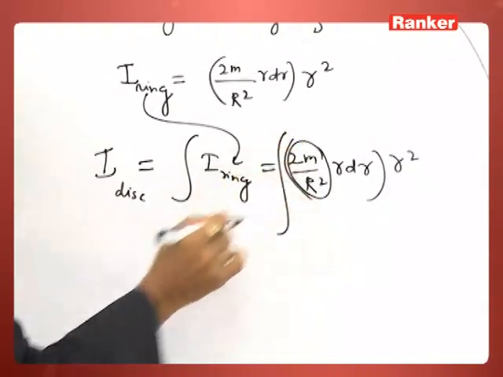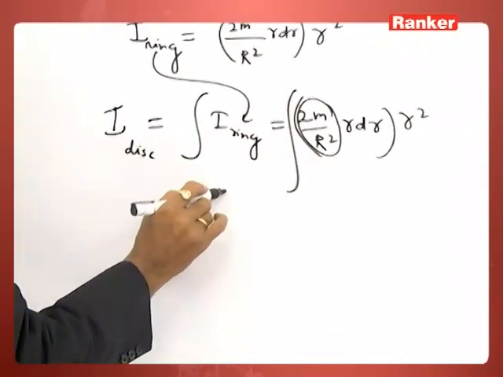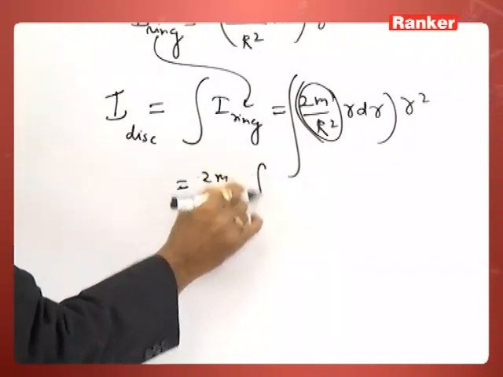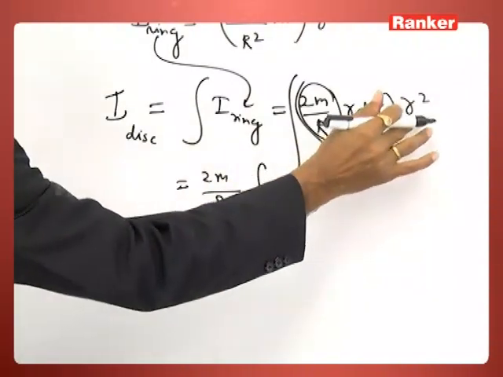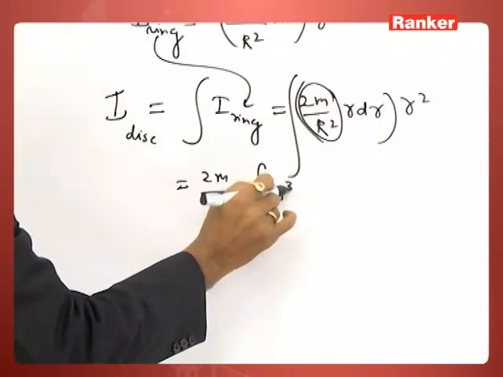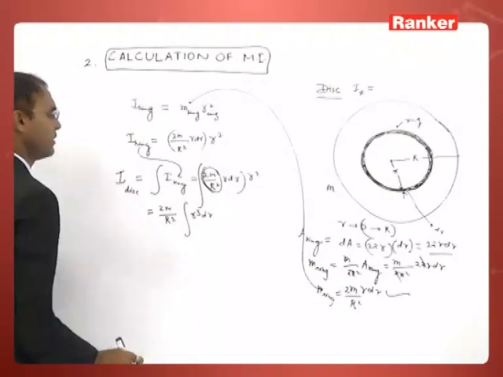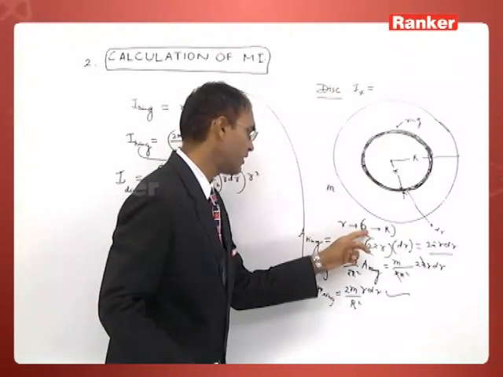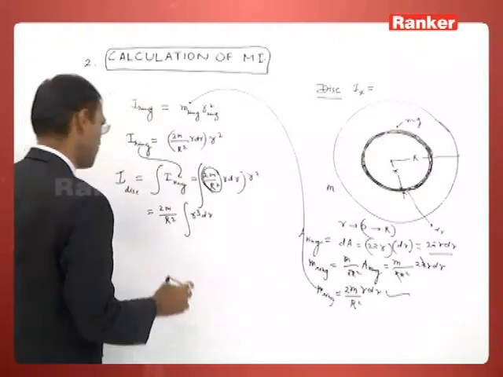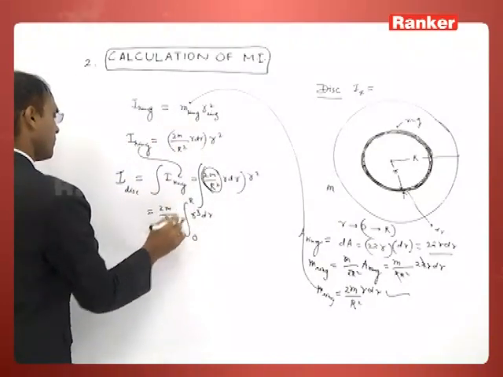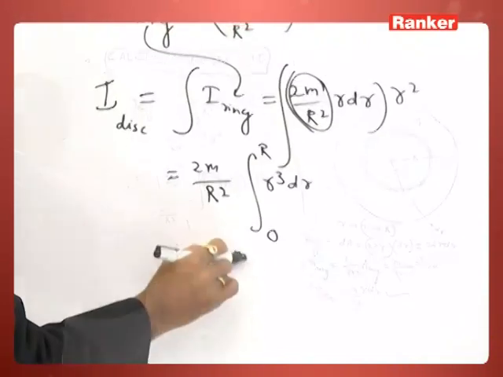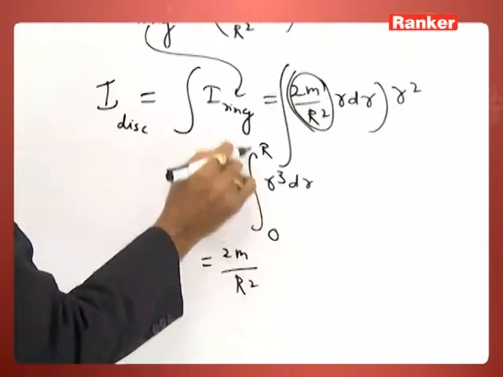This term is a constant. Take it out of the integral to get r square into r, that is r cube dr. And the radius of the ring ranges from 0 to R. So we are getting 2M by R square.